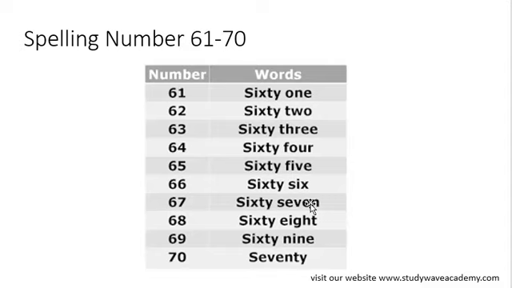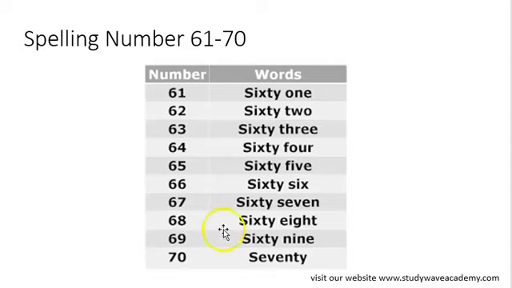Good. The next number we have is 68. And how do we spell 68? 60 and 8 together. Correct. Okay, let's spell together. Are we ready?